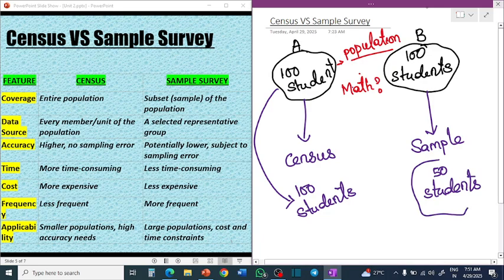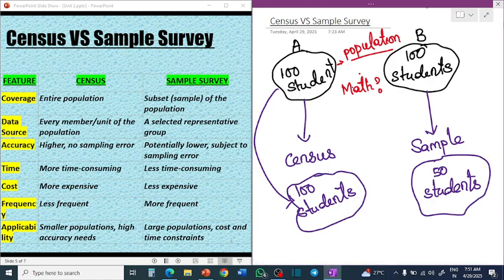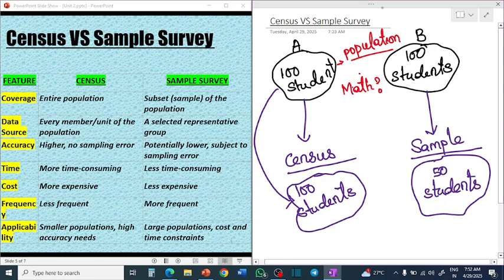These 50 students will be known as your sample. So I hope you can understand the difference between census and sample. In census, all the students are taken, and in sample, out of the population of 100 students, you select a smaller sample like 50 students, and data is collected from them.